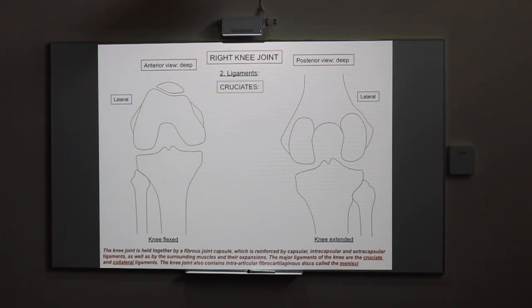Cruciate means crossing. And I put the word collaterals. Collateral means they are going parallel. Then I put the word cartilages. So I have 3 broad categories. After this I have 4, 5 more cartilages, but I am emphasizing here the major issues, not the minor sidetrack things.